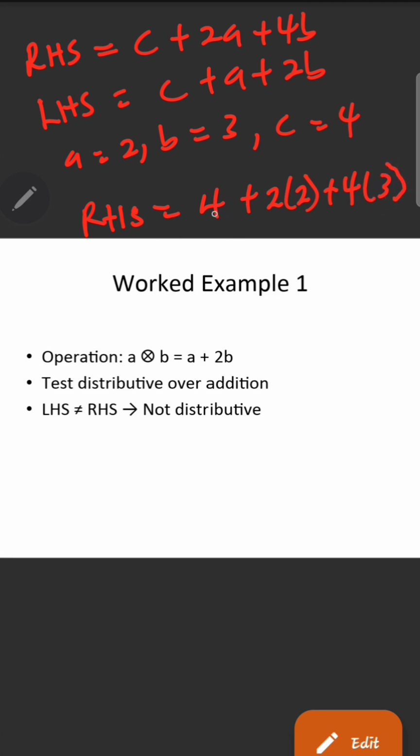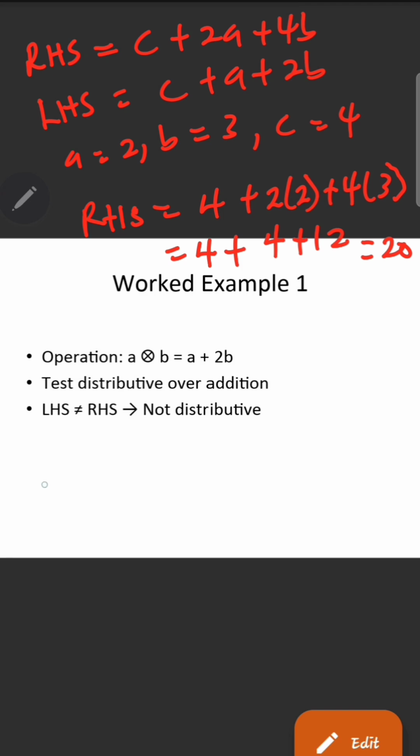This will give us 4 plus 4 plus 12. 4 plus 4 is 8, plus 12, that gives us 20.